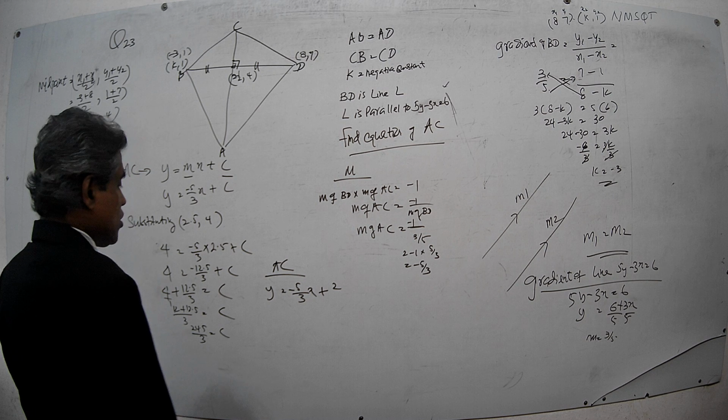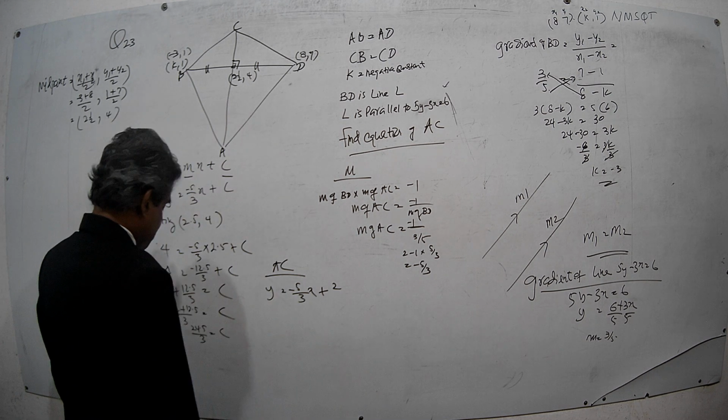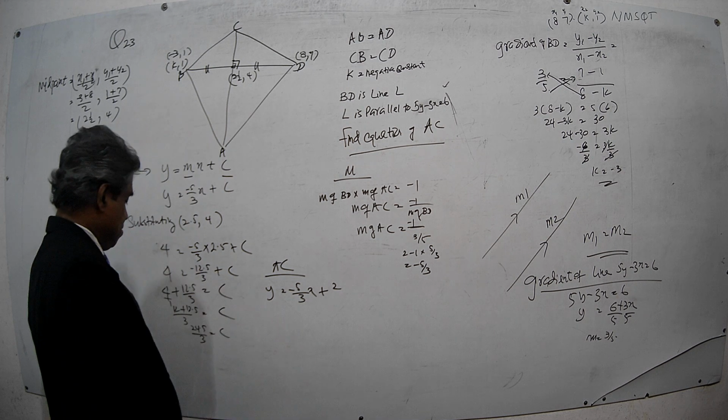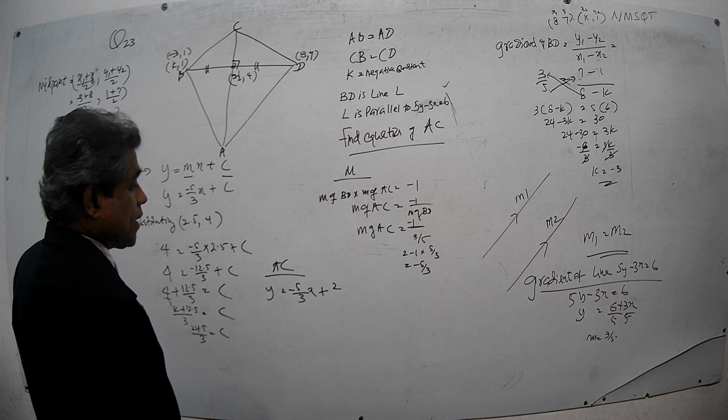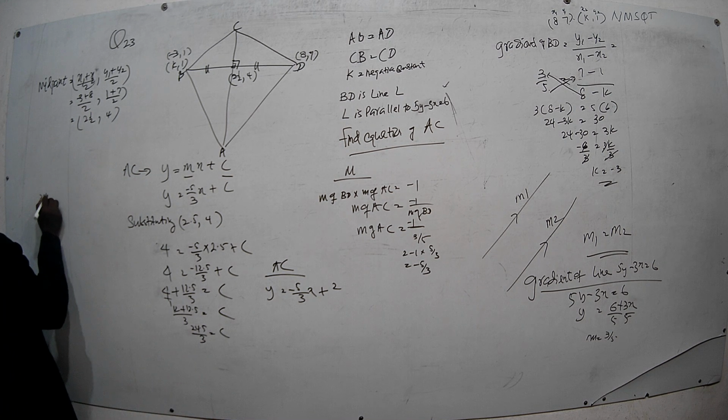Can't we convert this into decimal alone? 24.5 can be written as 49 over 2, divided by 3.